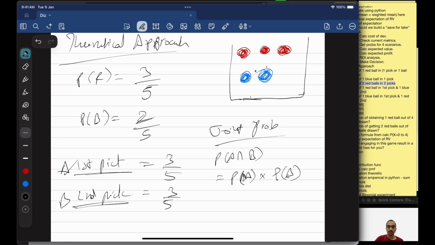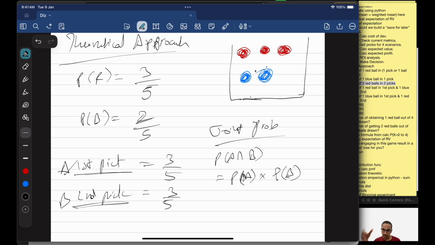This is P of A times P of B because when we are replacing the ball, the events automatically become independent. The next time you pick a ball, it is not affected by the previous pick.